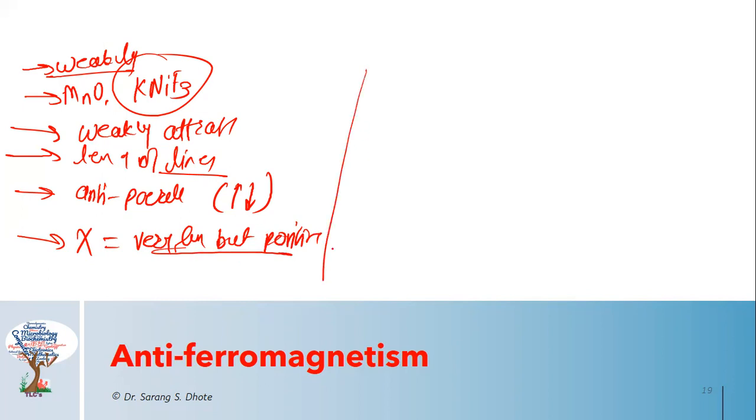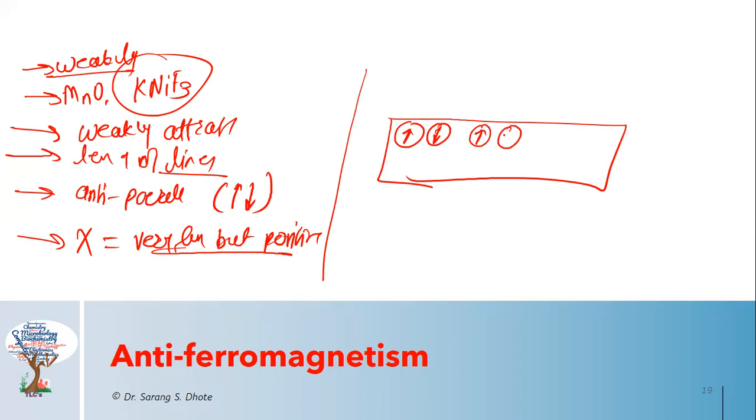This antiferromagnetism is due to opposite spin, which is also known as anti-parallel coupling.